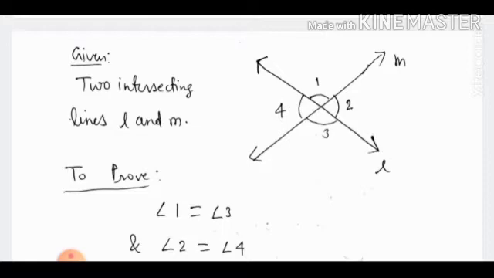Here, given two intersecting lines L and M. We have to prove: the vertically opposite angle for angle 1 is the angle just opposite to it whenever two lines intersect, so angle 3, and the vertically opposite angle for angle 2 is angle 4. We have to prove angle 1 is equal to angle 3. You must write given, to prove, and draw the diagram because they carry some marks.